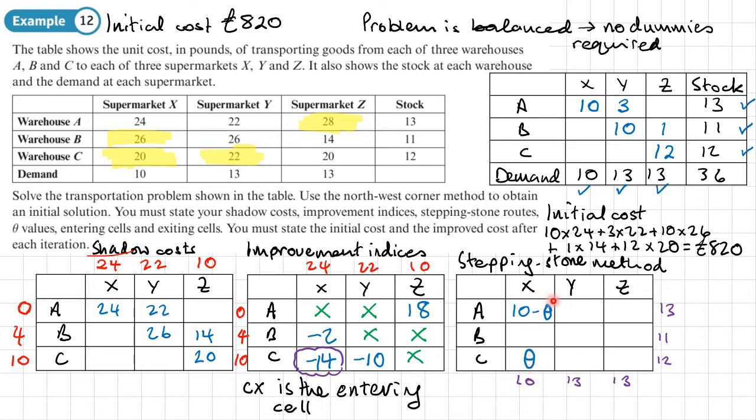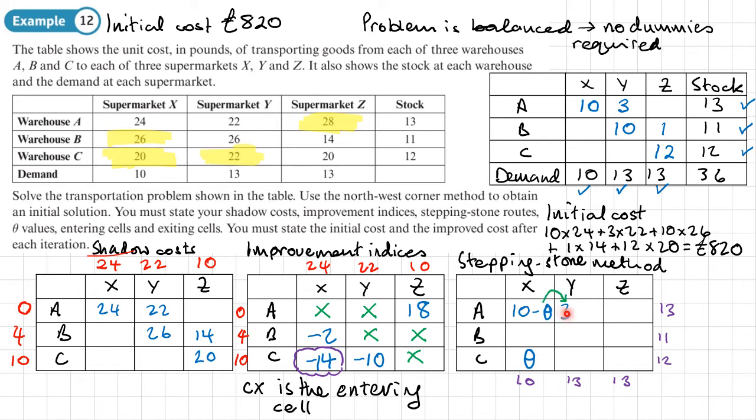So notice that I've started in this cell here. This is called a stepping stone method because you must move to an adjacent cell that has a value in. Okay, so I now need to move to this cell here, the cell that has the 3 in, like this. Okay, so just put a little green arrow to show that I'm stepping from that cell to that cell.